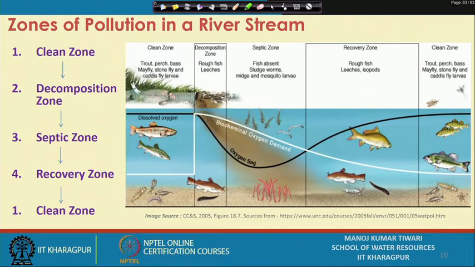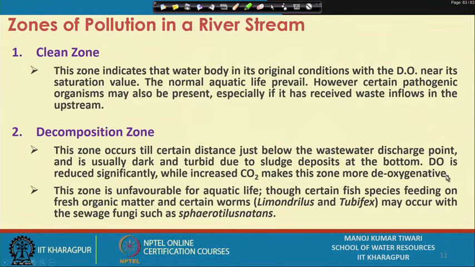So, it is not advised to directly consume this water if your point is downstream of the point where the waste has already been introduced. One should avoid direct consumption of that water, or consume it only with proper treatment.